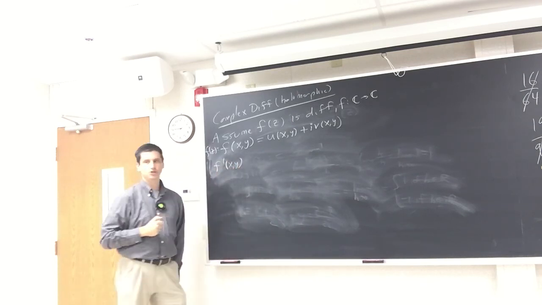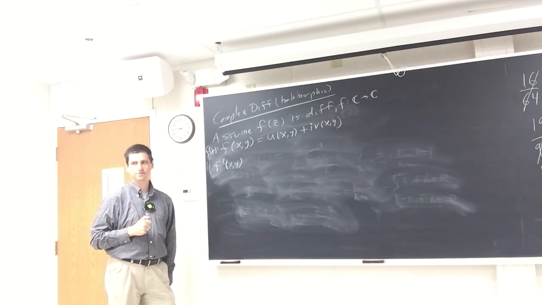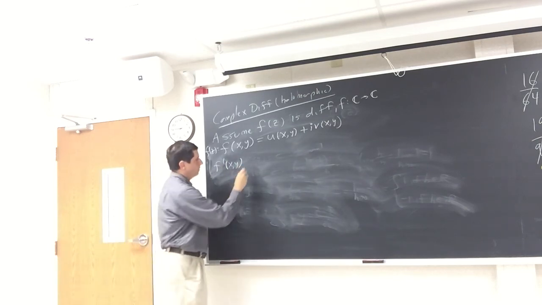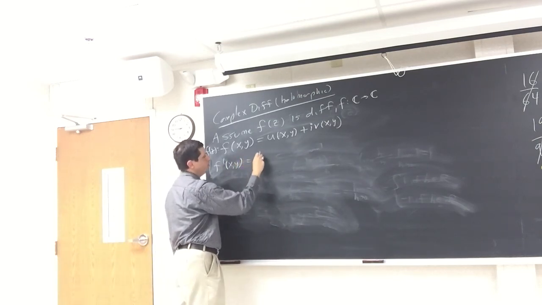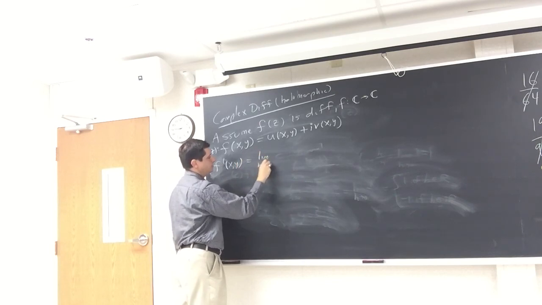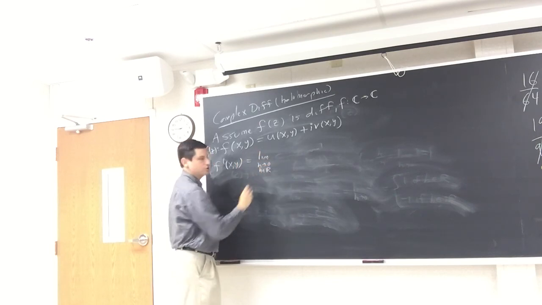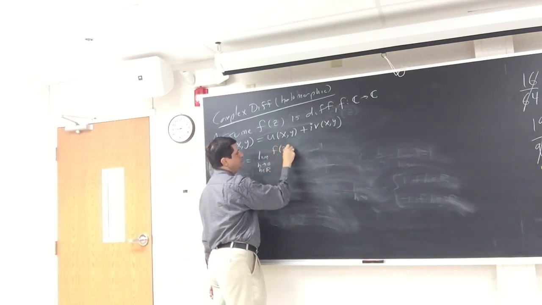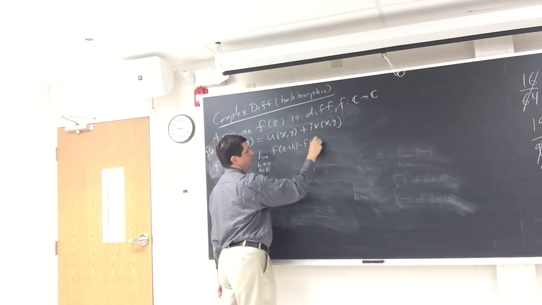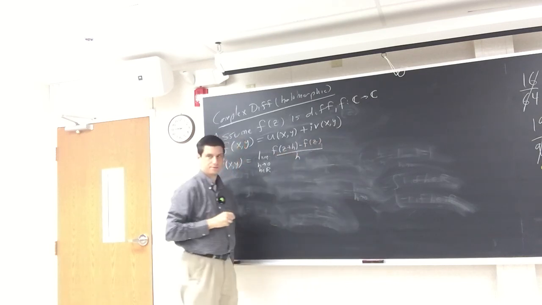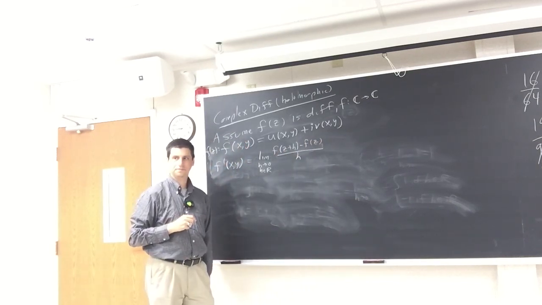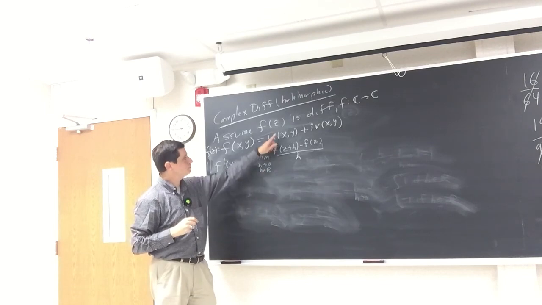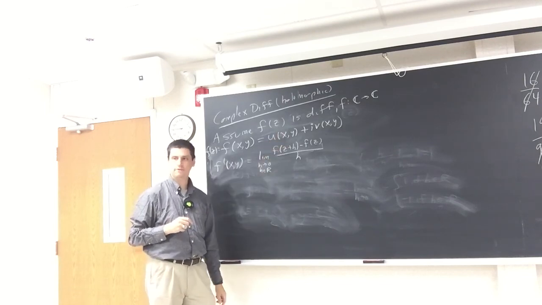And then this is now dangerous notation. So this should be maybe the limit as h goes to 0, h is real, just to remind ourselves, of f of z plus h minus f of z over h. And so since h is real, I'm just changing the x, I'm keeping the y fixed.